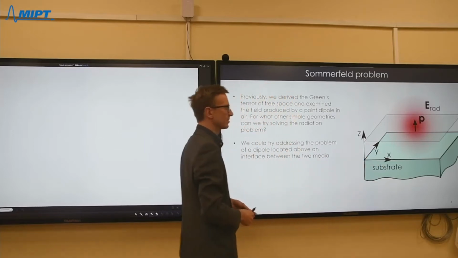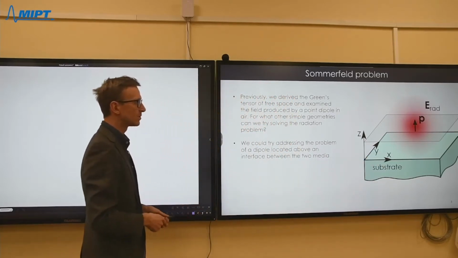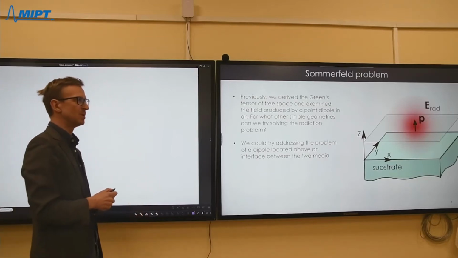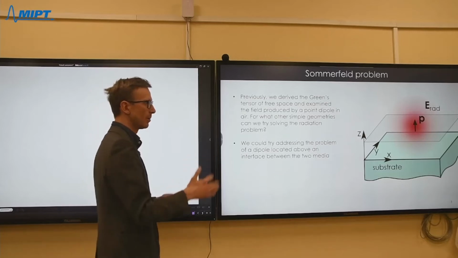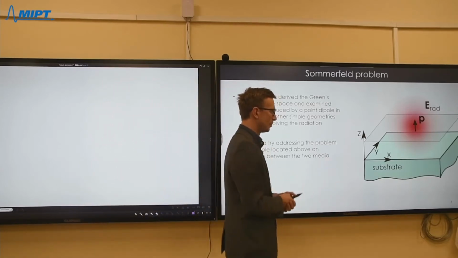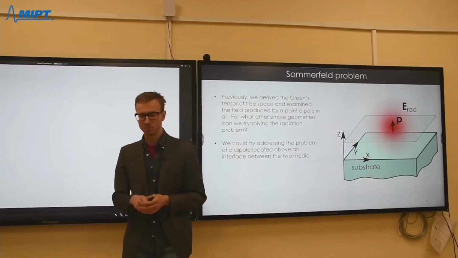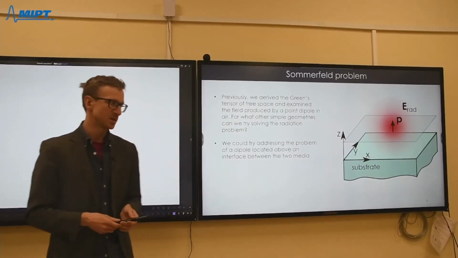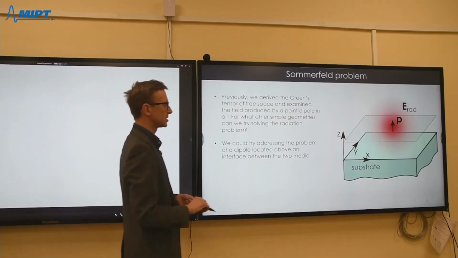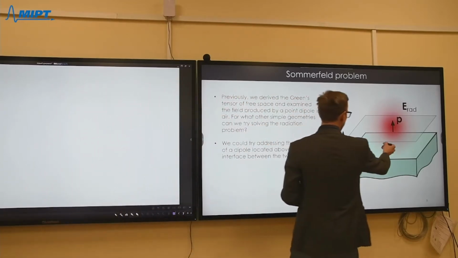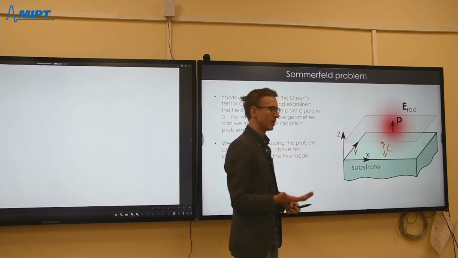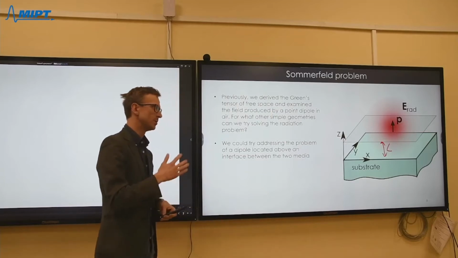The upper half space is vacuum, air, and the lower half space is filled with some homogeneous and isotropic medium, which can be a dielectric, a metal, magnetic, anything that is characterized by a certain permittivity and permeability. We're going to be assuming that this is a non-magnetic material, and the dipole is located a certain distance L above this substrate. The dipole can have arbitrary linear, circular, or elliptical polarization.